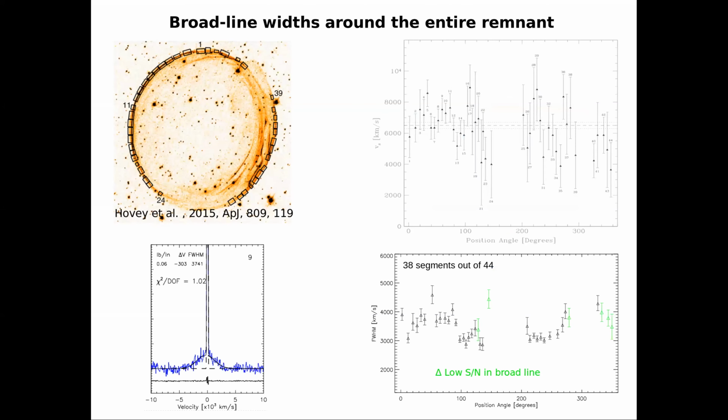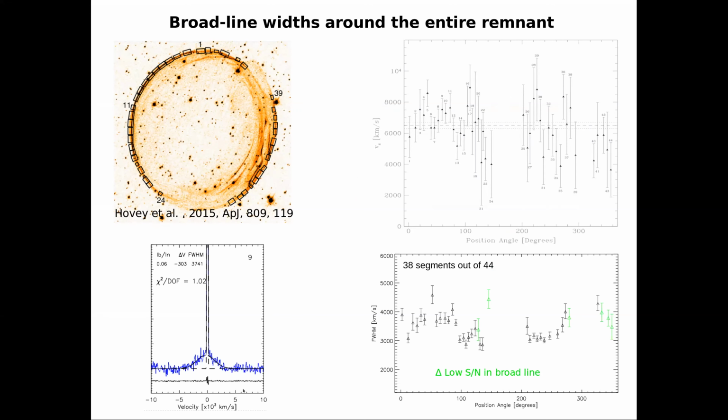So Hovey et al. measured proper motion around the entire remnant. And you can see their results, like how the shock speed changes with position angle here on the right side. We try to cover these same regions here and extract the profiles and get the line widths, centroid offsets and the intensity ratio of the lines.